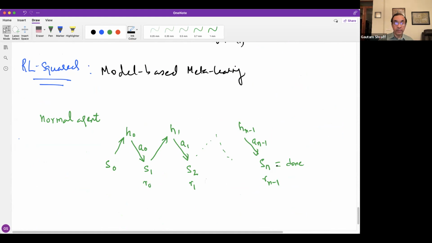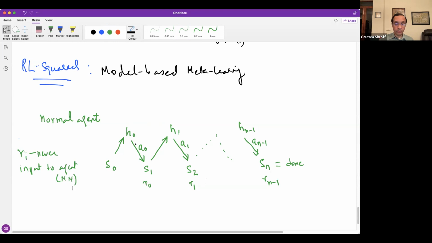There's a learning algorithm outside, which is sitting around and figuring out what is going on, because the neural network itself doesn't take the rewards as input ever. So the rewards, Ri, are never input to the agent or neural network.